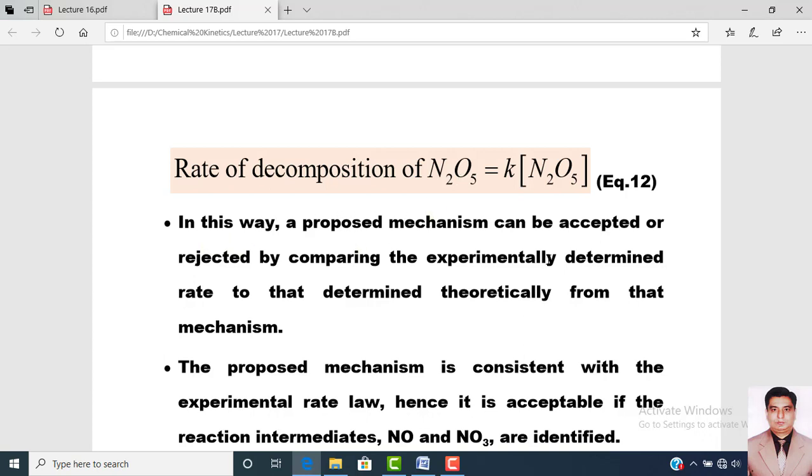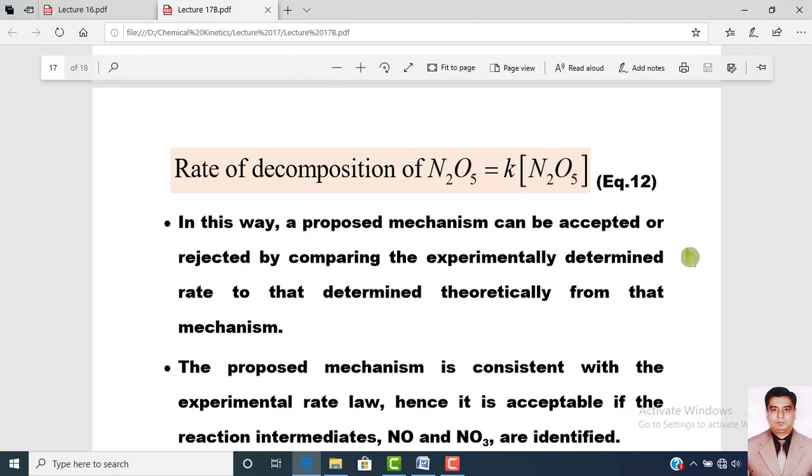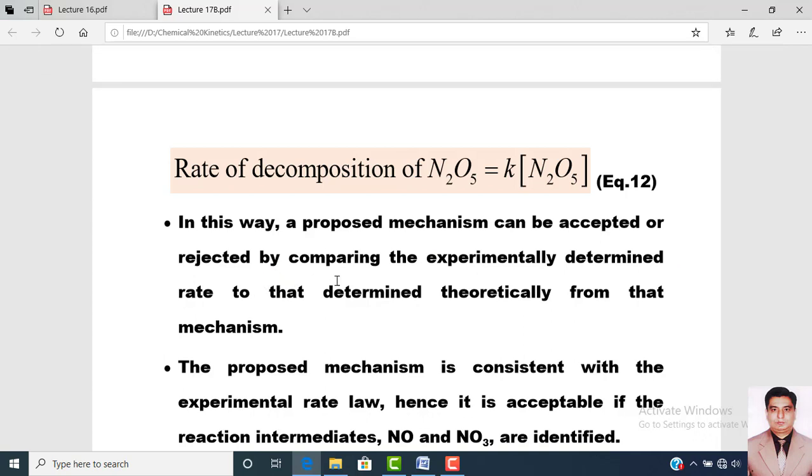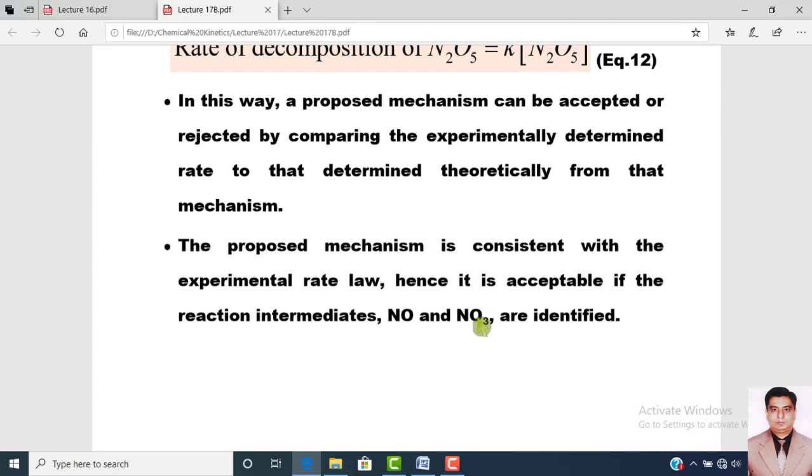A proposed mechanism can be accepted or rejected by comparing the experimentally determined rate to that determined theoretically from that mechanism. Dear students, the proposed mechanism should be consistent with the experimental rate law, hence it is acceptable if the reaction intermediates NO and NO3 are identified.